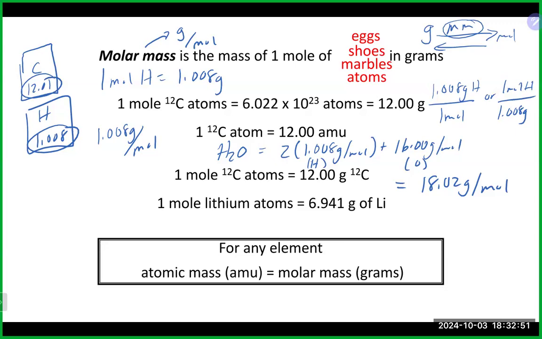Now, numerically speaking, the atomic mass that you see on the periodic table in AMU per atom and the molar mass that you see on the periodic table in grams per mole are numerically the same values. So they come out the exact same. There is a conversion that involves Avogadro's number, but basically AMU and molar mass in grams are essentially the same number.